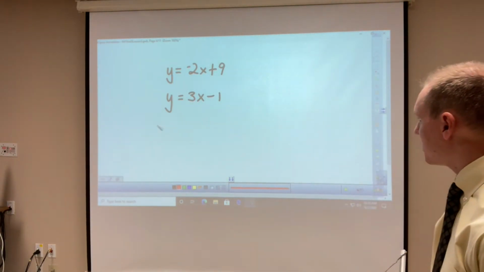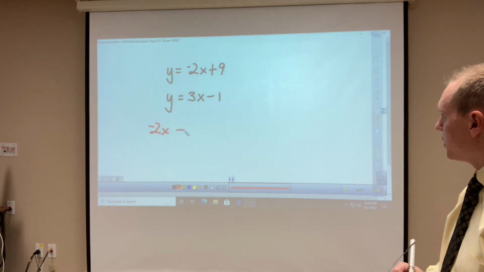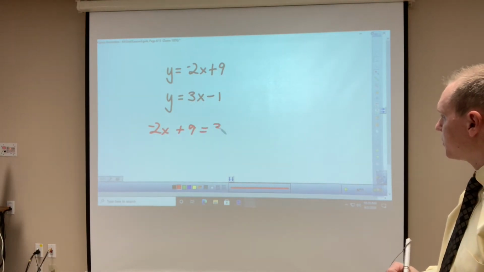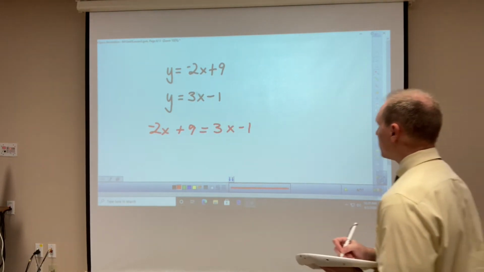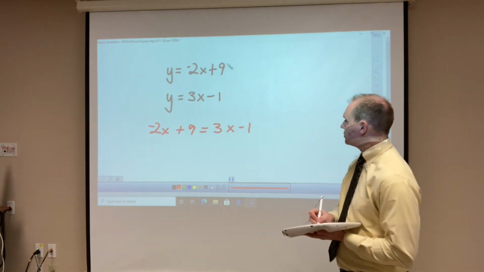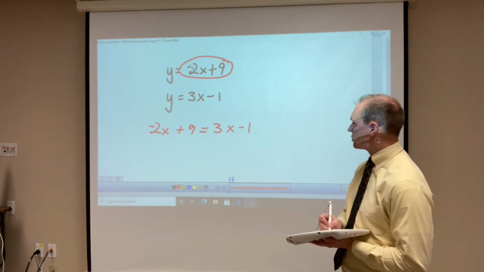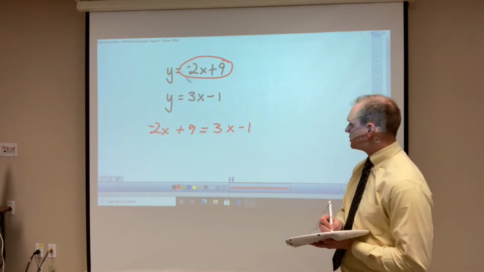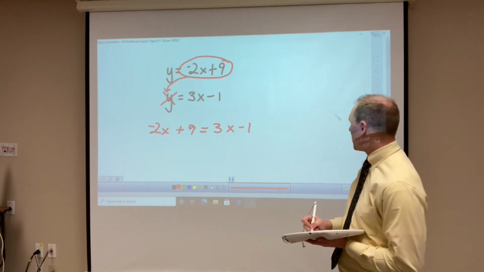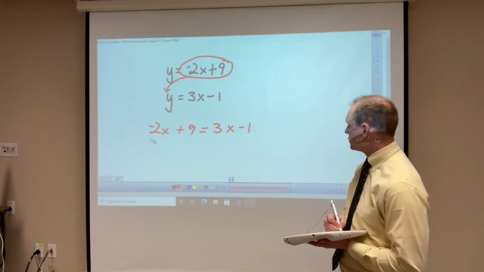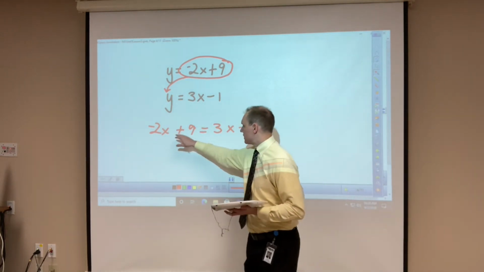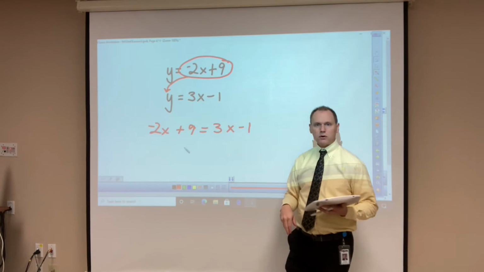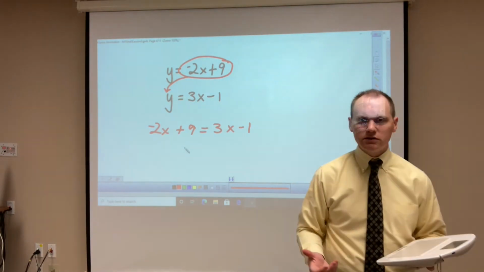So therefore, negative 2x plus 9 must equal 3x minus 1. Since y is equal to the expression negative 2x plus 9, we can substitute that in for y here. So we have negative 2x plus 9 equals 3x minus 1. Same idea, that transitive property.